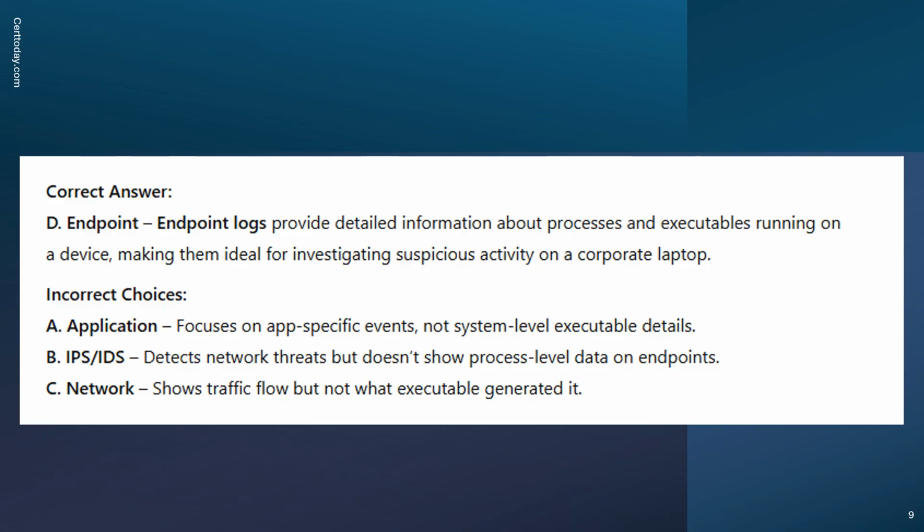B is incorrect because an IPS or IDS detects network threats but doesn't show process level data on endpoints. And C is incorrect because network shows traffic flow but not what executable generated it.